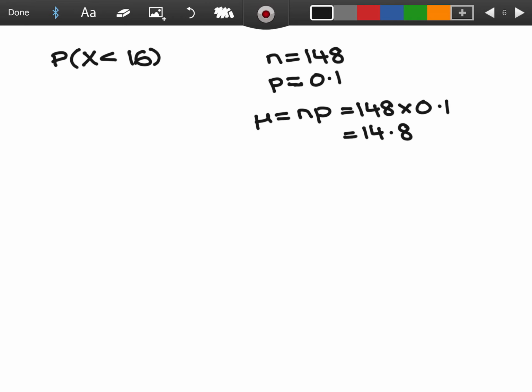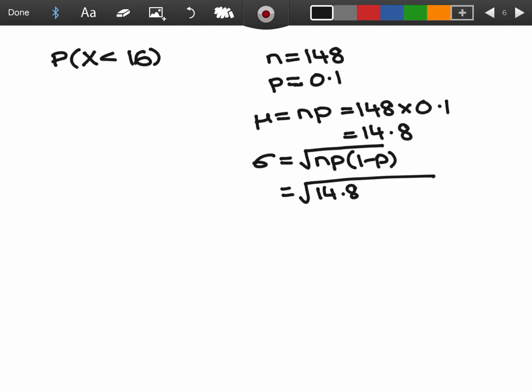So the next thing that we need is our standard deviation, which is going to be the square root of n times p times 1 minus p. That's the square root of n times p, which we already know is 14.8, times 1 minus p, which is 0.9.